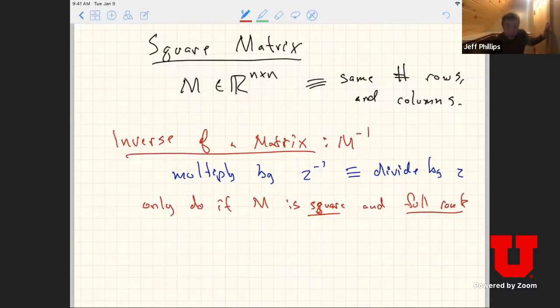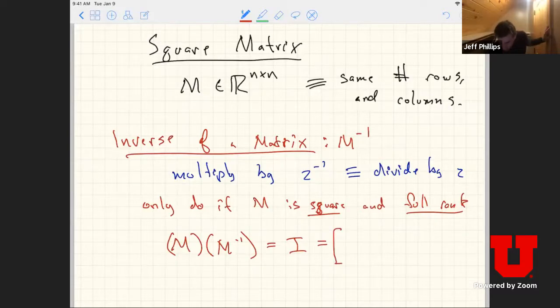Okay, and the property of an inverse of a matrix is that M times its inverse, M^-1, is going to be equal to the identity matrix. The identity matrix is also an n by n square matrix, in R^(n×n), and it has ones on the diagonal and zeros everywhere else.